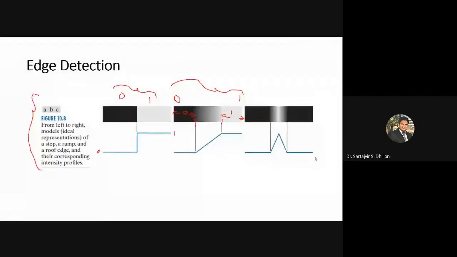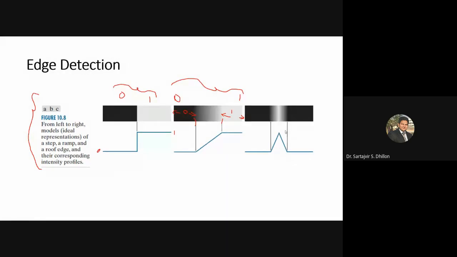Now, lastly, we can see an intensity profile in which the value is changing from 0 to 1, and then 1 to 0. So the 1 is over here. Sorry, the 1 is over here.